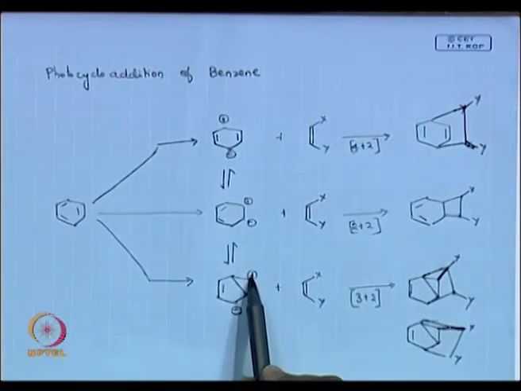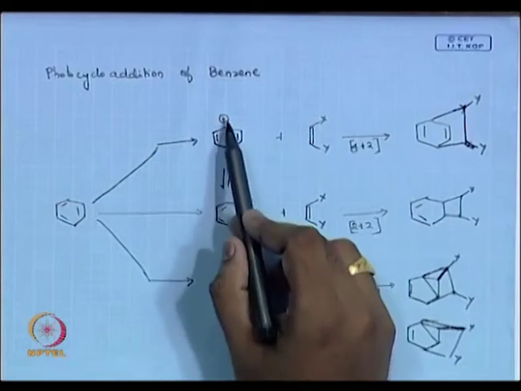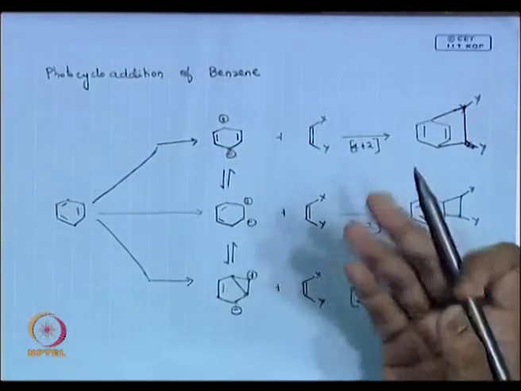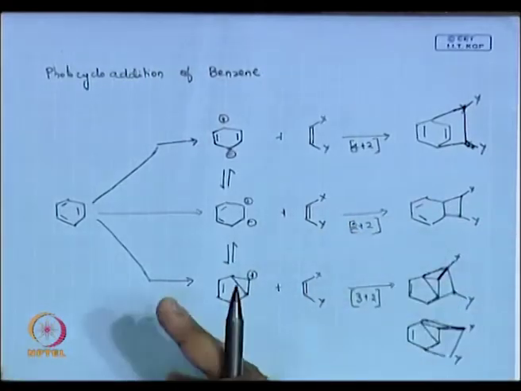So, just connect to this plus or minus. So, you take just benzene, you put an alkene, you just shine your light, you end up with these 3 products, okay. One coming out from your 4 plus 2, one coming out from your 2 plus 2, another coming out from your 3 plus 2 cycloaddition reactions, fine.